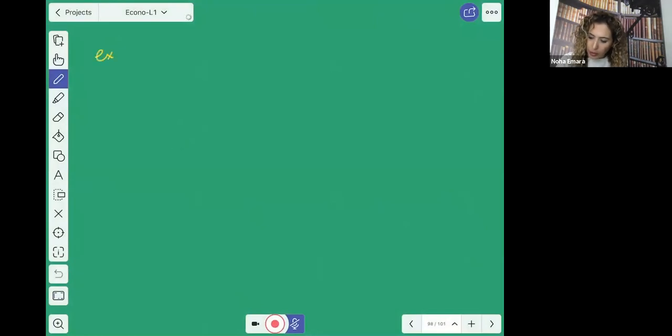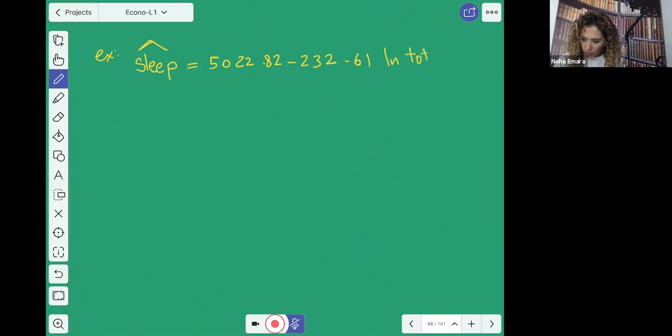In this linear log example, I need to estimate the factors affecting the minutes of sleeping, or sleeping minutes. We have estimated a model, so this is hat, and the intercept is equal to 5022.82 minus 232.6 log total work. I'm going to write it with this abbreviation, total work.